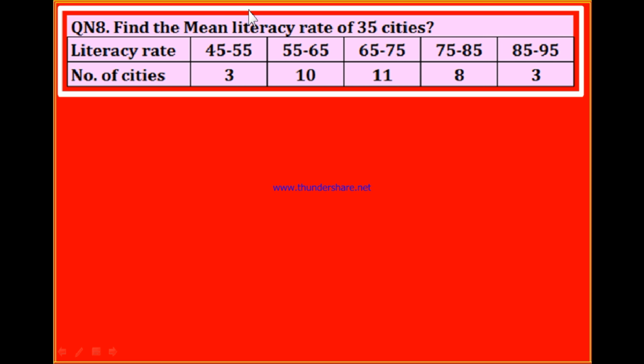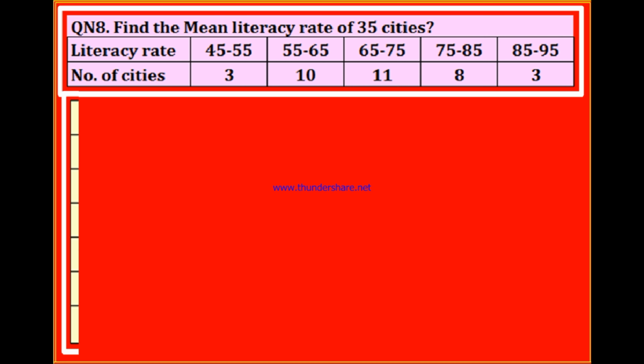Okay. Now in order to find the arithmetic mean, let us consider the literacy rate as classes and the number of cities as frequencies. Now look at the table.